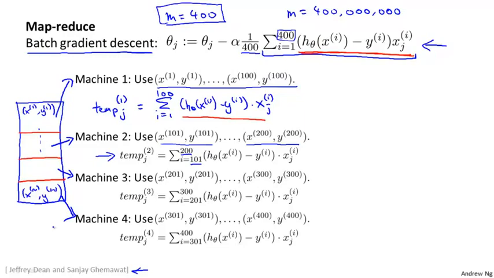Finally, after all these machines have done this work, I'm going to take these temp variables and put them back together.